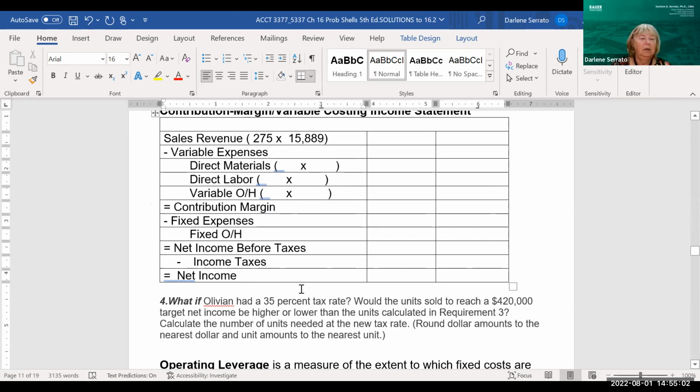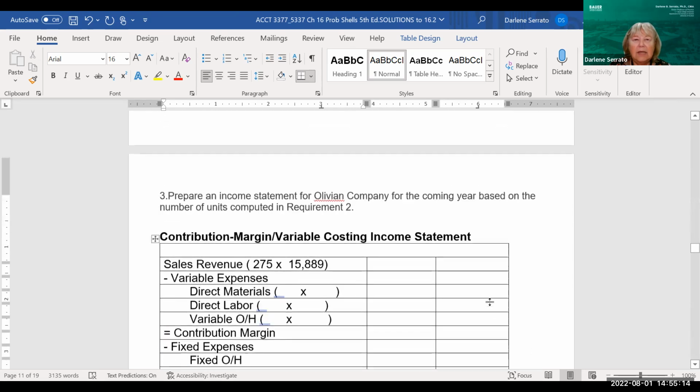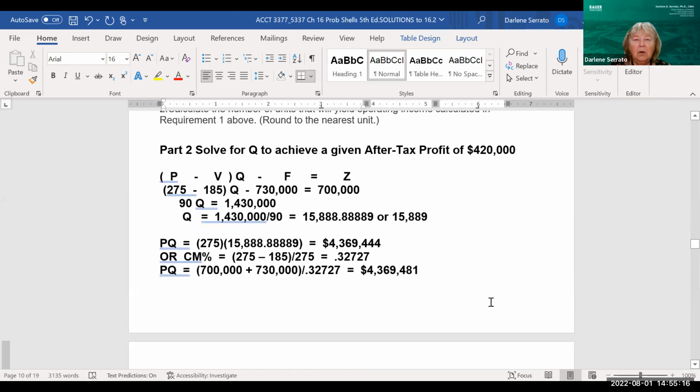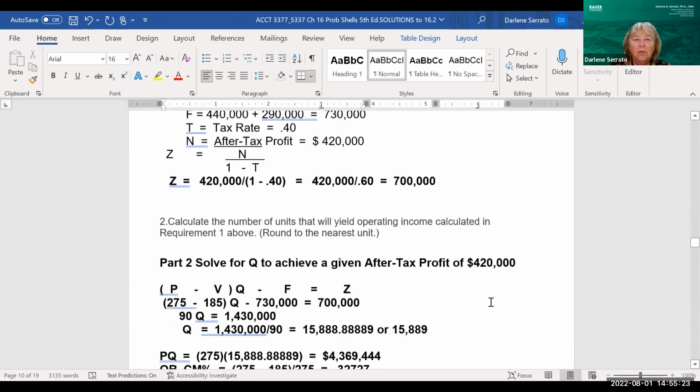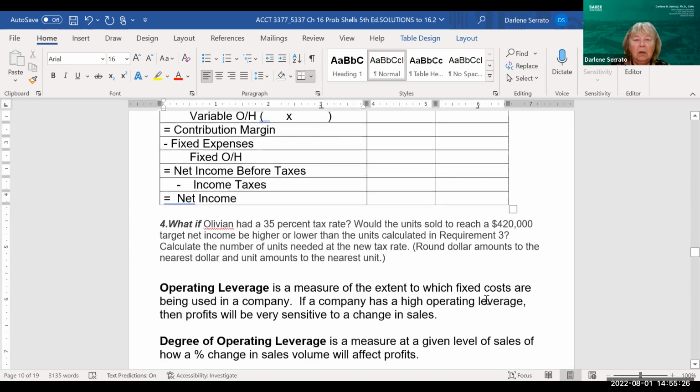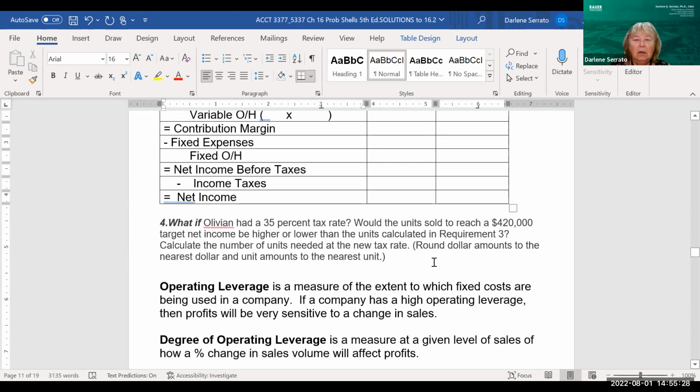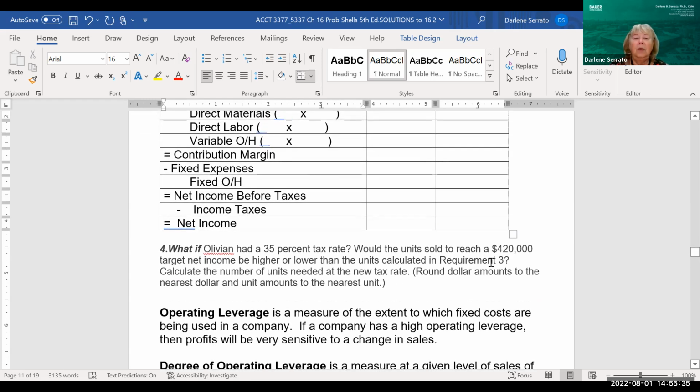Then, what if they had a 35% tax rate? Would the units sold to reach 420,000 be higher or lower than what was calculated in number 3?